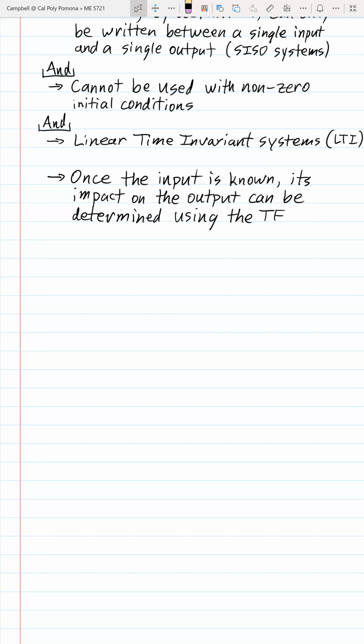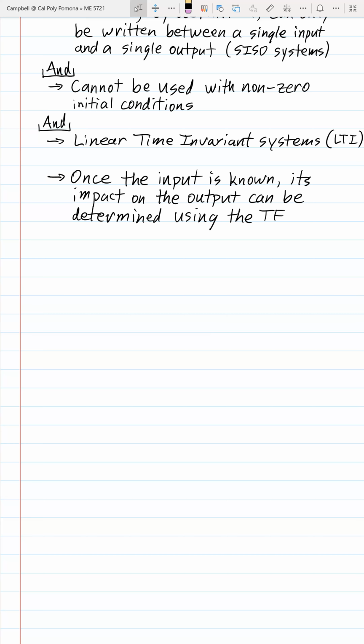You figure out what's going on from input one to output one, and from input two to output one, and the overall affected output one would be the sum of what's going on with both of the inputs at that one particular output. That's how you can handle that particular case.